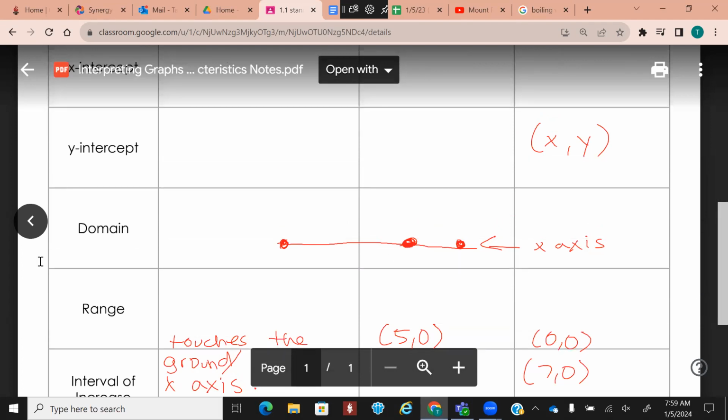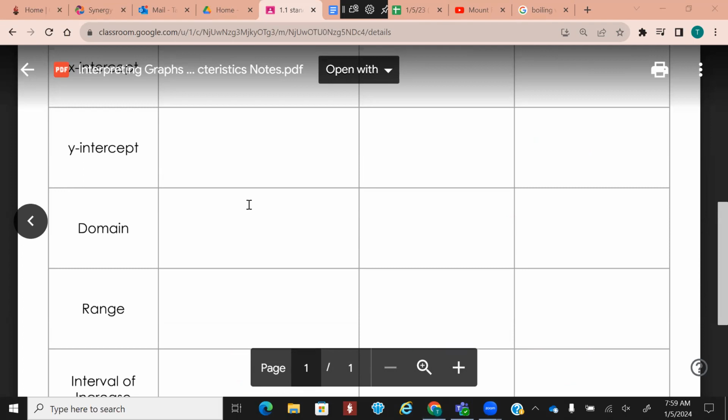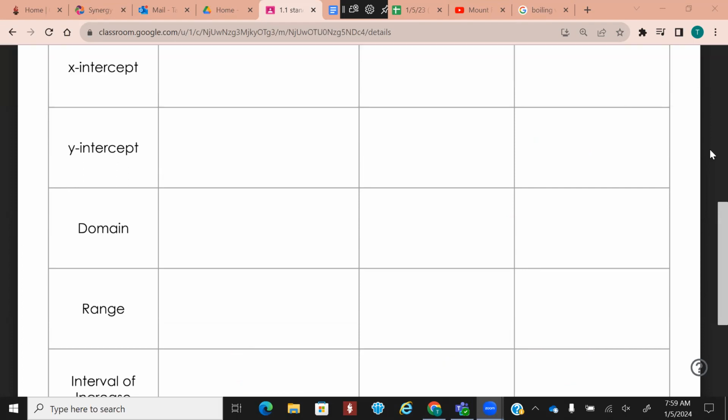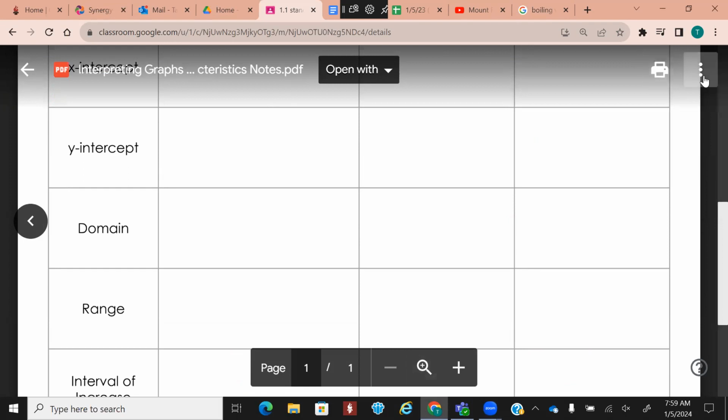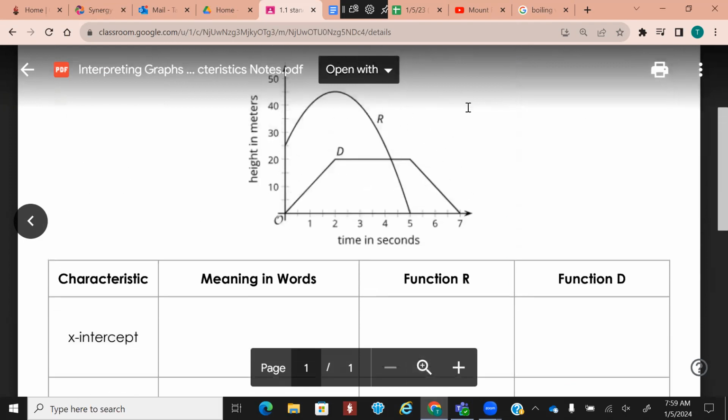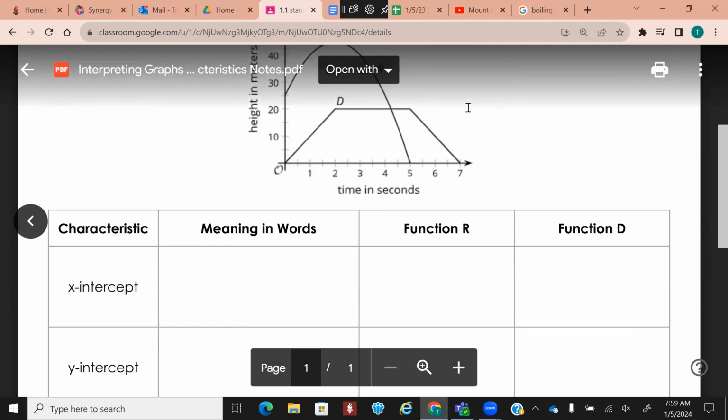Okay, what's a y-intercept? If an x-intercept crosses the x-axis, a y-intercept is going to cross the y-axis. So the y-intercept is going to be the height of the object starting.